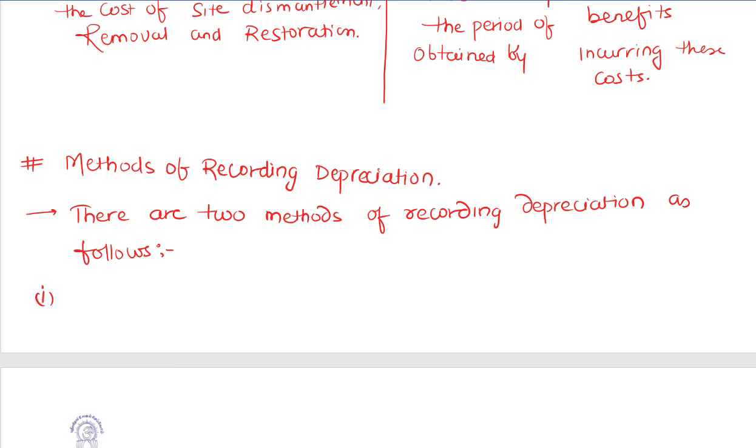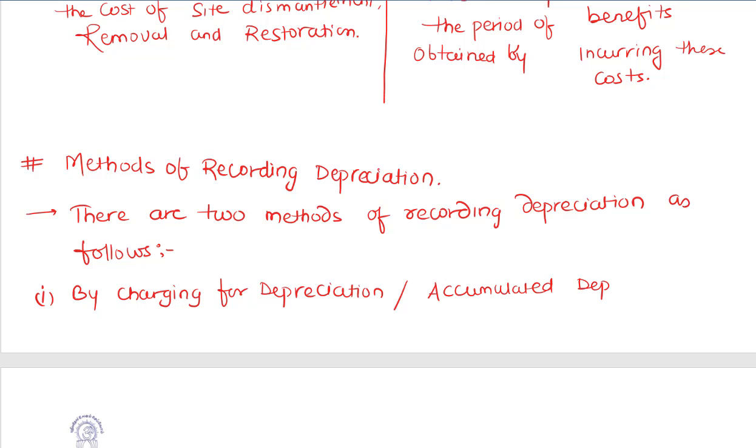The first method is by charging for depreciation, that is accumulated depreciation account.